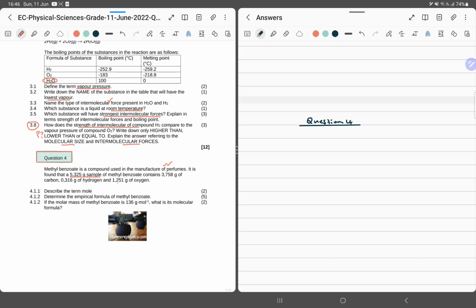Let's just double check if these are all adding up to that mass right there. So let's start here: 1.251 plus 0.316 plus 3.758. What does it give us?